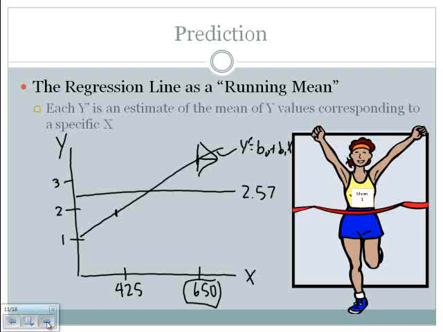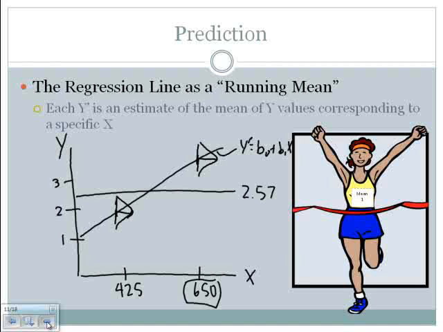Again, what you need to do is draw a little normal curve here, because there's actually a distribution of possible scores for an x of 425. That's not a very good picture. Okay, so let's review this, and you might want to jot a few notes down. For x equals 650, y prime equals, what do we say, 3.1.